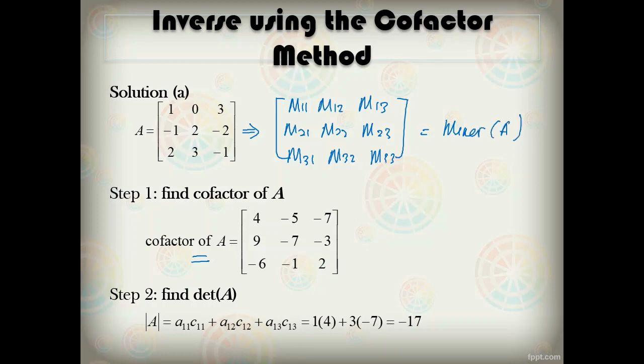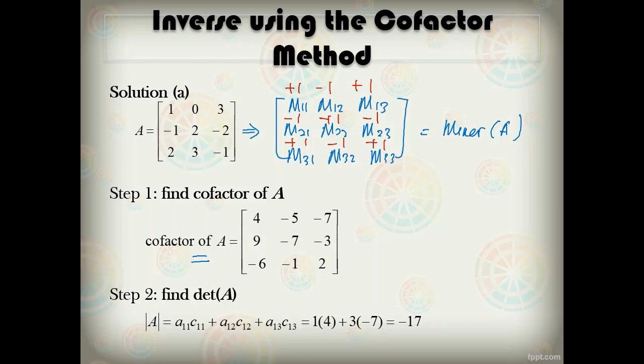Remember, the minor is the sub matrix of the corresponding element that you delete. Once you find your minor, you transform it into this matrix and then you multiply with positive 1, negative 1, positive 1, negative 1, positive 1, negative 1, positive 1, negative 1, positive 1.